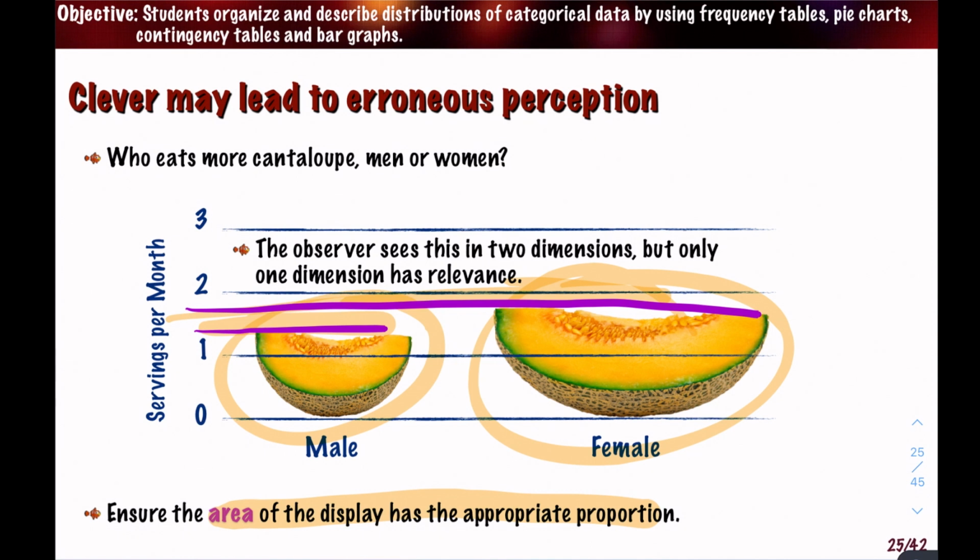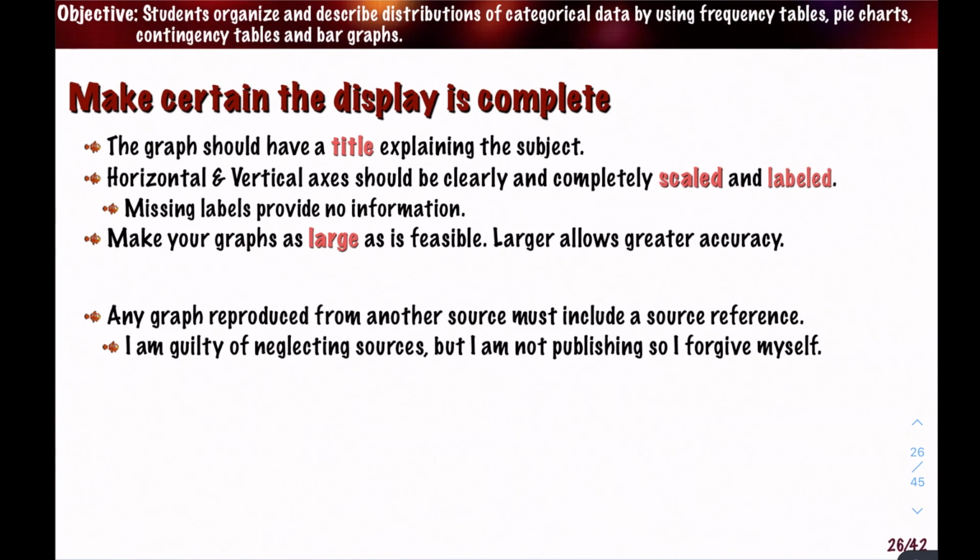With a lot of these graphs that I will continue to show you, they try to make things more complicated than you need to. So make certain the display is complete. These things are essential for anything that you create for this class. Every graph that you create should have a title explaining the subject.